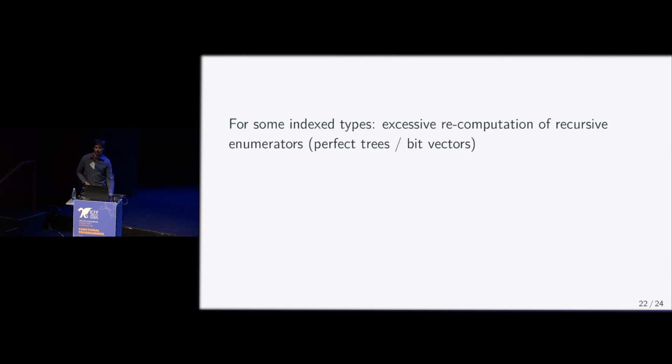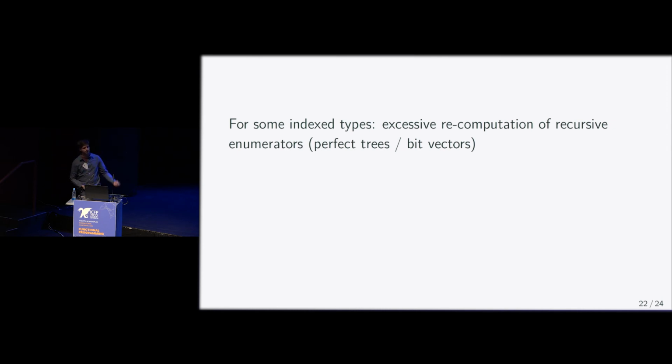Then finally, I remarked at the beginning that one of the reasons enumerators are set up this way is that you get sharing between recursive calls for free, essentially. But that doesn't work so well for index types because the recursive occurrences are now functions. And every time we apply these functions with a new index, they recompute the result.